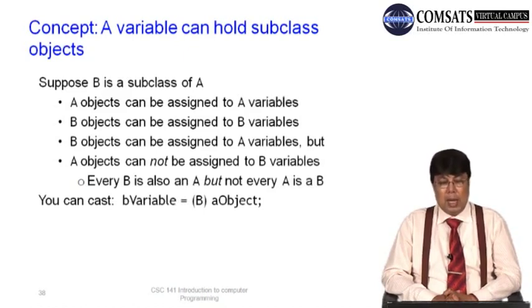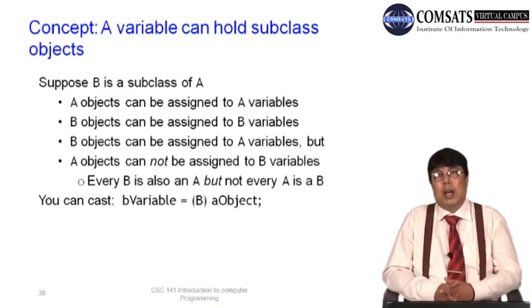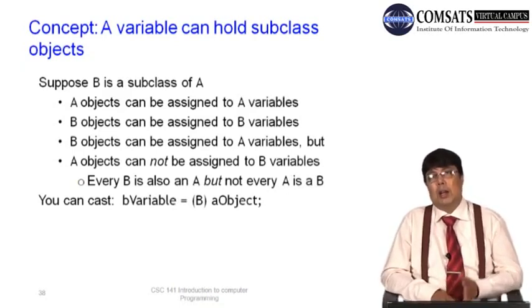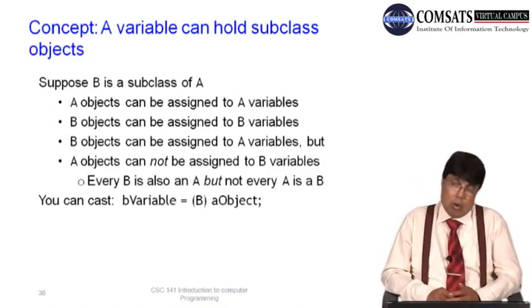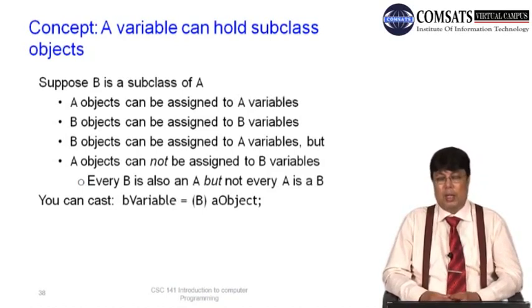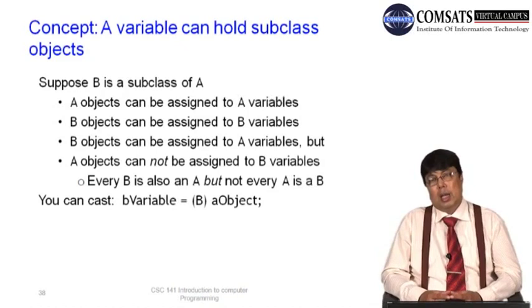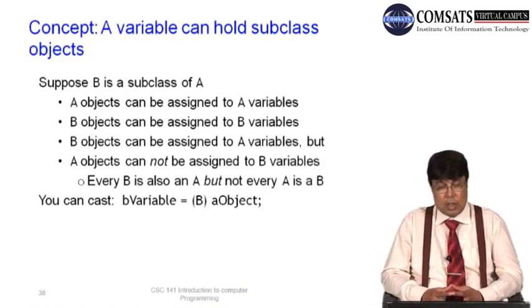So a B object can be assigned to an A variable, but an A object cannot be assigned to a B variable, because you don't know that B might have inherited something that it might have inherited from a superclass. So you cannot equate that one. You cannot equate two variables together, because that means they might not have the same characteristics and the same features.